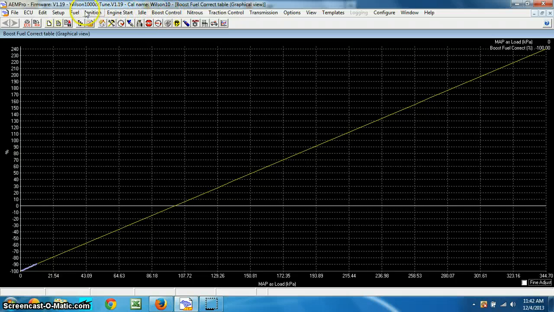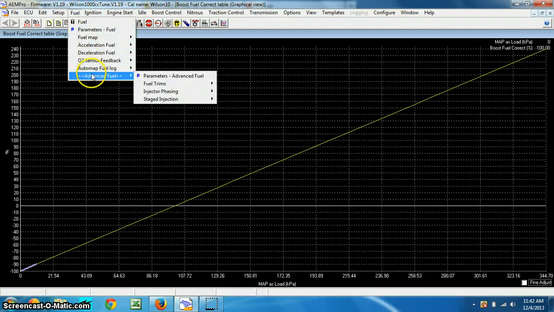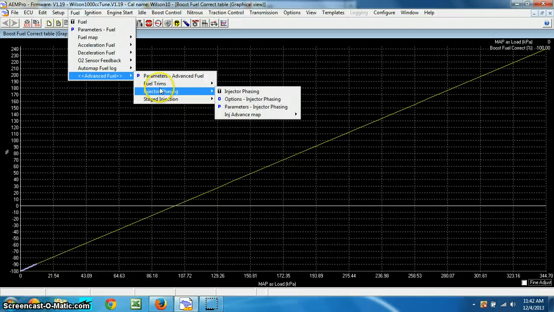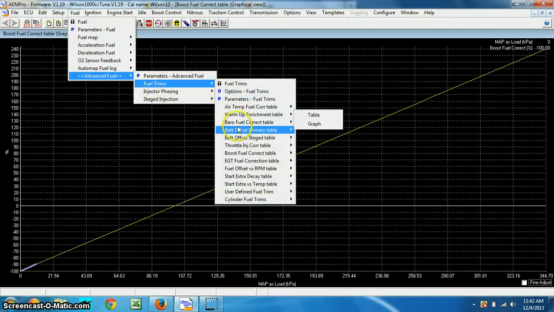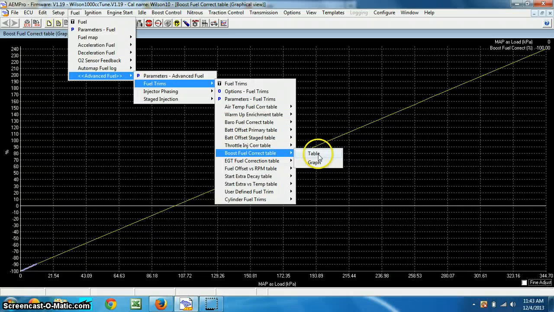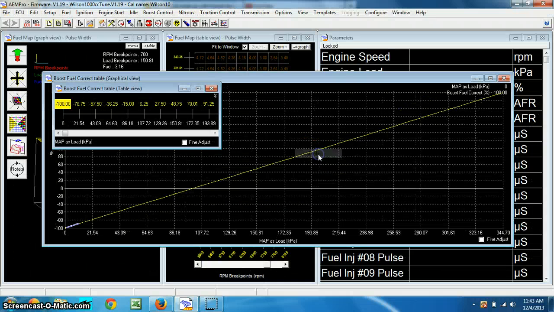Where is it again? Fuel, advanced, trims, boost fuel correction. Let's do a table this time. And here you can see that 107 is 6.25% more fuel.